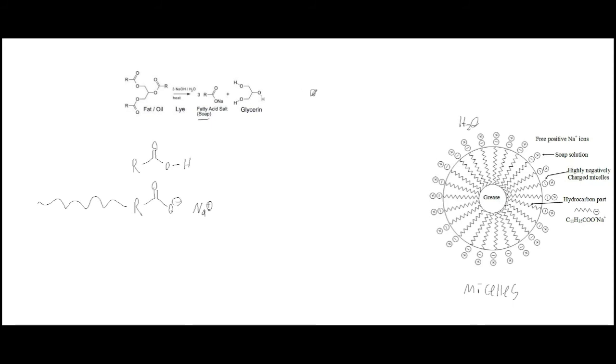So the mechanism for that is we have our OH, which comes from this NaOH, that's our hydroxyl, and then we have the ester bond, which is what binds our R1 and R2. R2 is the fatty acid and R1 is the glycerin.